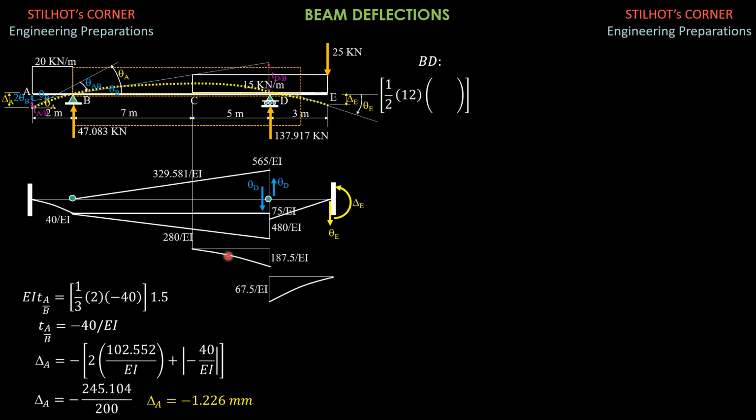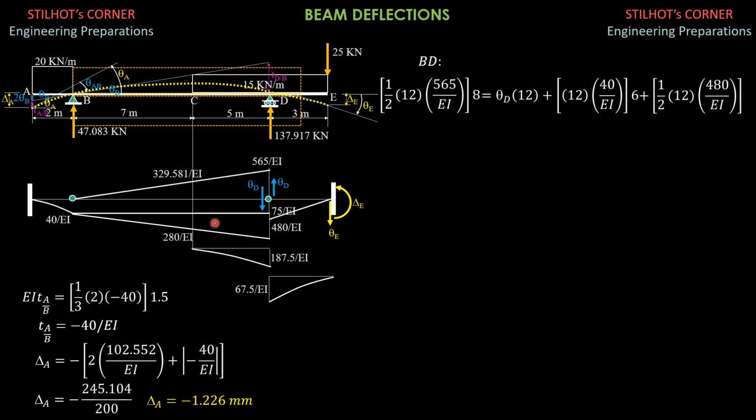So 1/2 of 12 times 565 over EI times 8 moment arm equals theta D times 12 plus 12 times 40 times 6, 40 over EI times 6 plus 1/2 of 12 times 480 over EI times 8 again, moment arm, then plus 1/3 of 5 times 187.5 times 12 minus 5/4, that's 10.75.